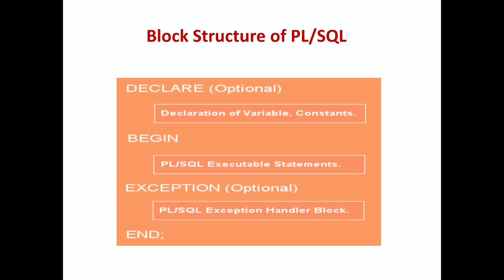Optional means if you have not written it, it can still work. This declare part contains the declaration of variables, constants, or assigning values to variables. Means if you want to use three variables, then you can declare those variables in the declare section.